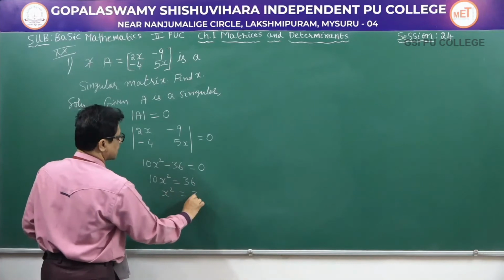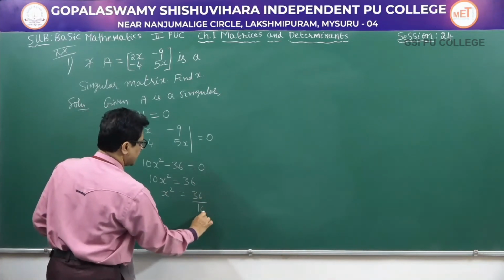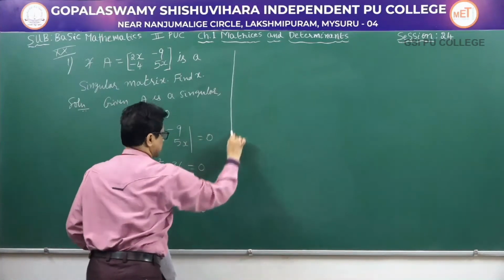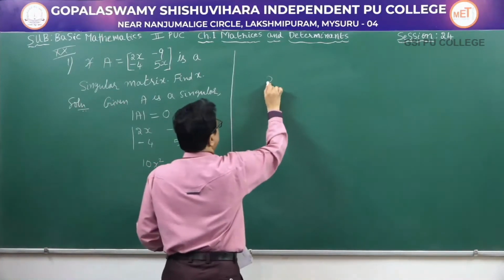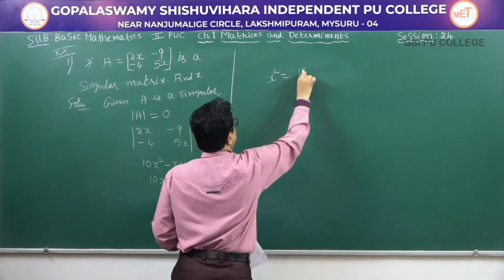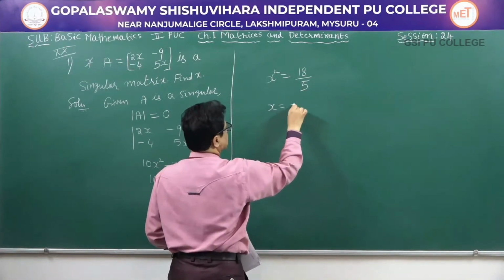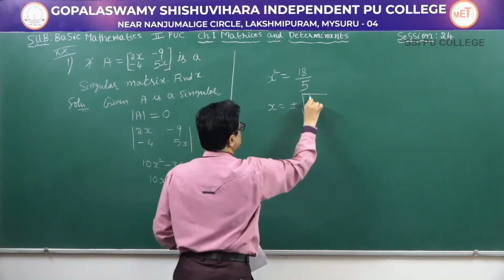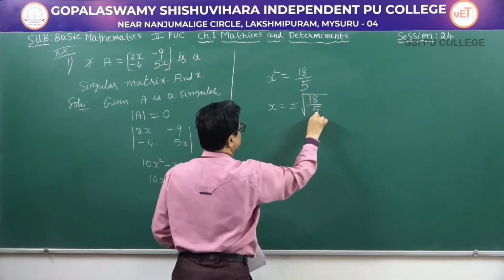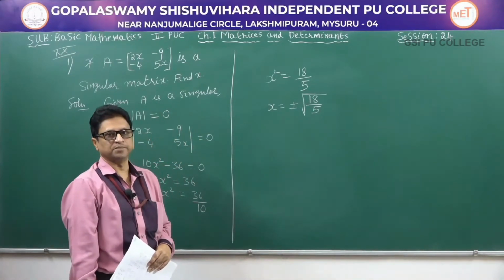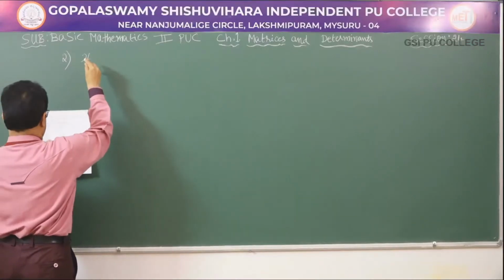So, x square is equal to 36 by 10. So, x square is equal to 18 by 5. So, x equals plus or minus square root of 18 by 5. That completes this problem.